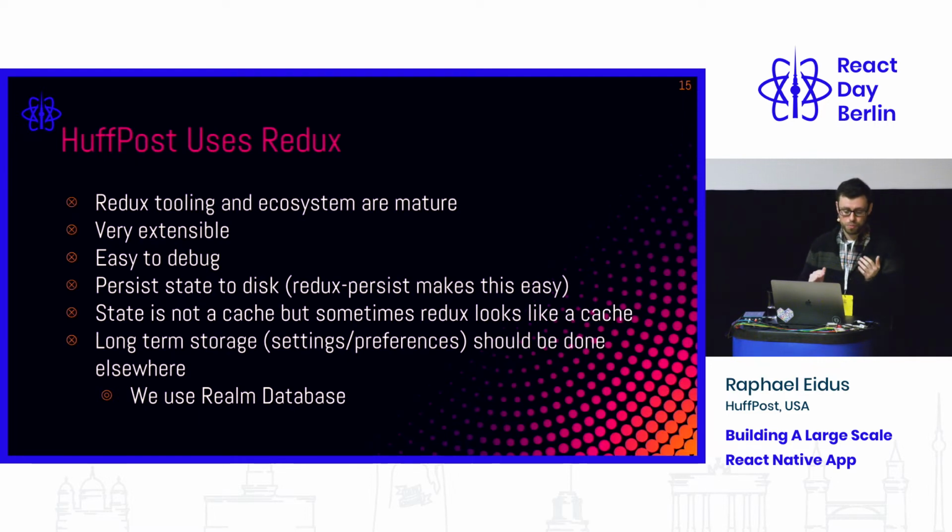For long-term storage, we decided not to use Redux and Redux Persist. So things like user settings and preferences, where they provided input, we store in Realm database. Ultimately, we wanted to make sure that if we ever needed to migrate the shape of our Redux state, and it was just too much work to write a migration script for it, it would be totally fine for us to throw it all out and start fresh for every user on app upgrade.